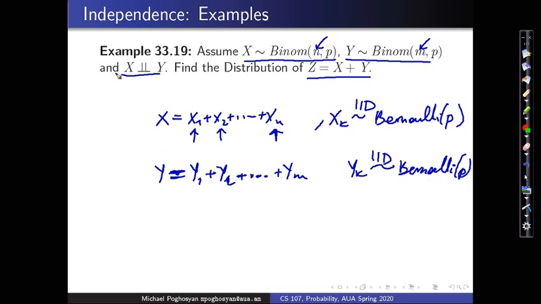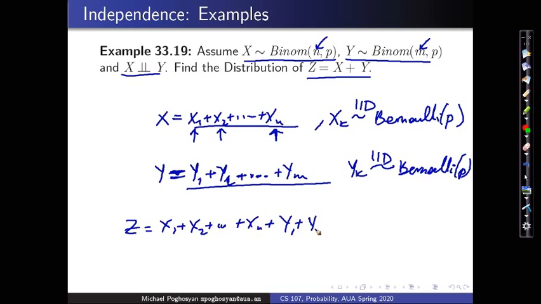So because x is independent of y, the x_k or y_k are independent of each other. So z, the sum, will be the following: x1 plus x2 plus up to xn plus y1 plus y2 plus up to ym.